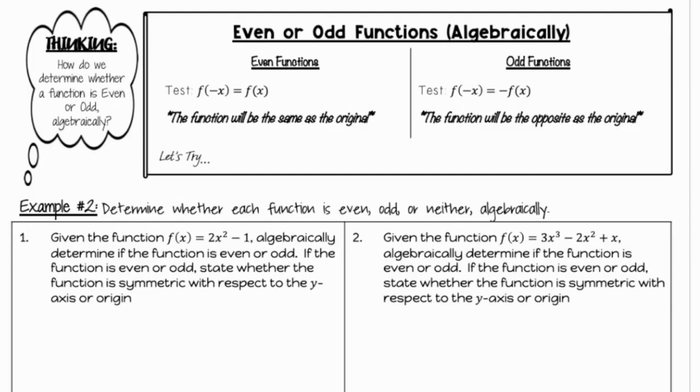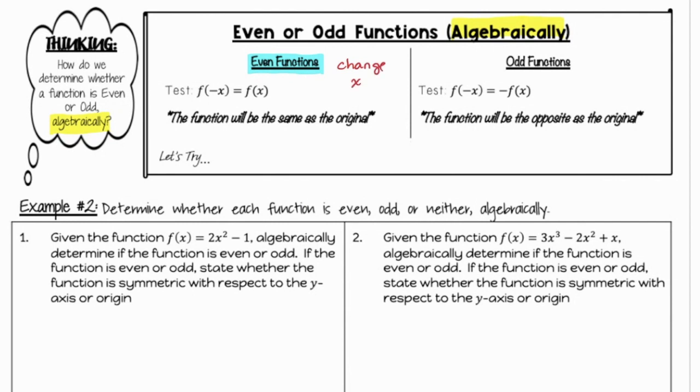What about if I ask you to determine whether a function is even or odd, but this time algebraically? If I have an even function, let's go back to the start, right? If I have an even function, that means that the function is symmetric with the y-axis. If it's symmetric with the y-axis, what changes? We said change the x. And that's exactly what we're going to do.